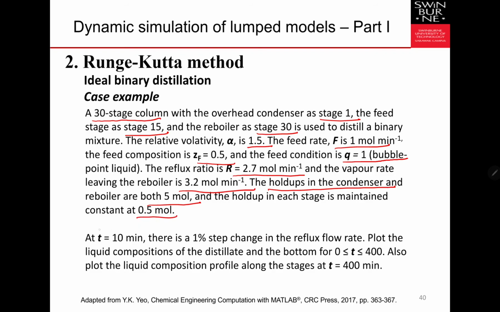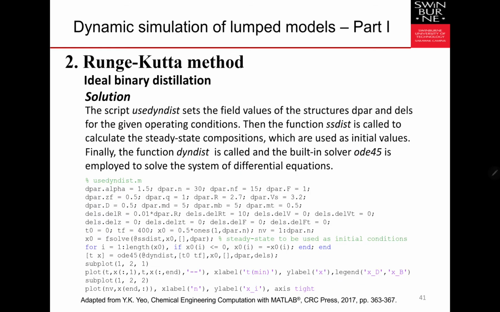More importantly, we define at time equal T of 10 minutes. So after 10 minutes of operation, we put in a 1% change in the reflux flow rate. Then we want to plot the profile from 0 to 400, and also the final liquid composition profile at time equal 400 minutes. Then that's what we did in here, we define all these variables.